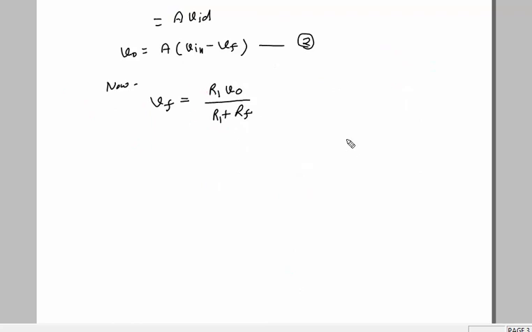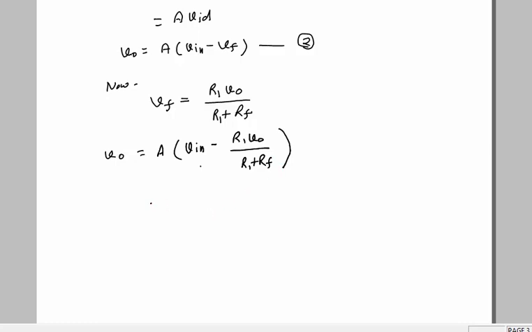Now this can be written further. V naught will be A multiplied by (V in minus VF), and VF we just calculated as R1 V naught divided by R1 plus RF.